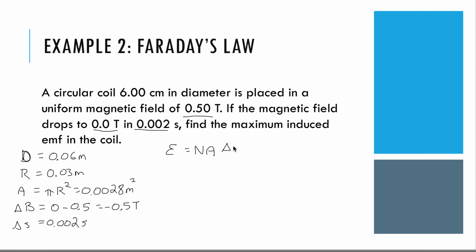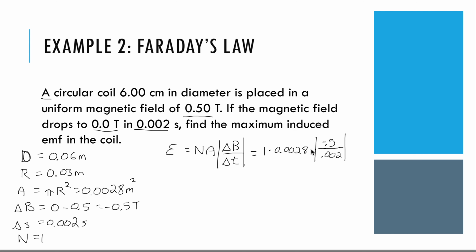So all we have to do is plug in these numbers. 1 times 0.0028 times, and we're taking the absolute value here, we don't care about the sign, so 0.5 divided by 0.002. Again, you can put the negative here, but we're taking the absolute value, so the negative doesn't matter.